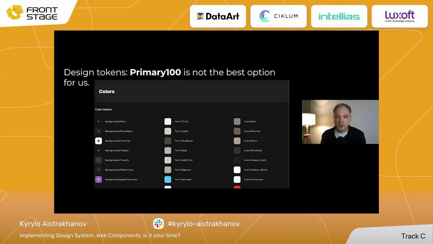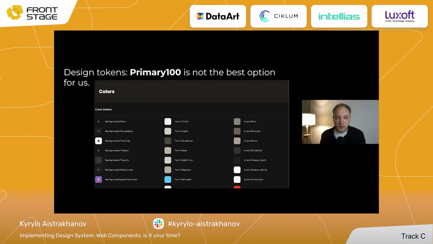So they stick to the colors, but we stick to the UI elements. So it's all because of troubles while we're trying to read them, or for example provide a new theme for our product, and it's hard to find where the primary 100 is used.